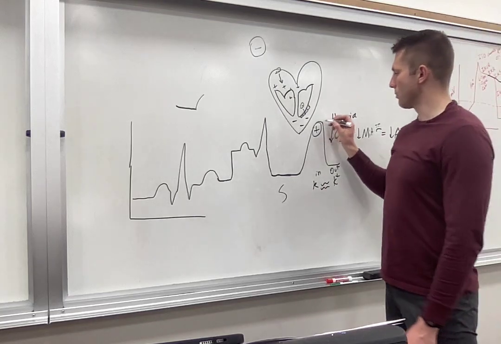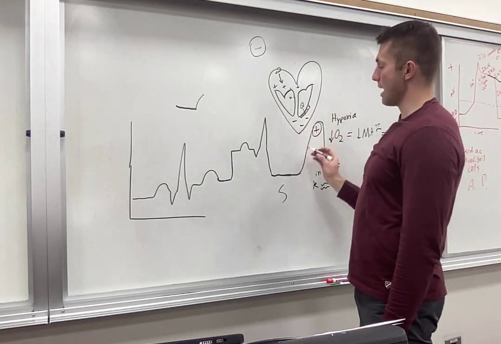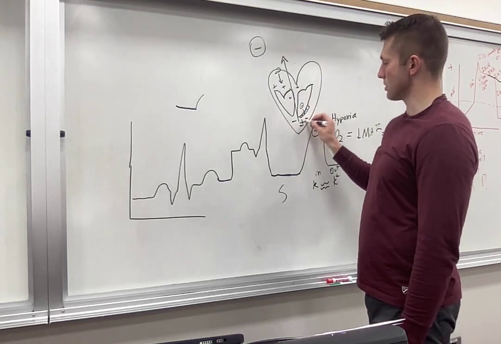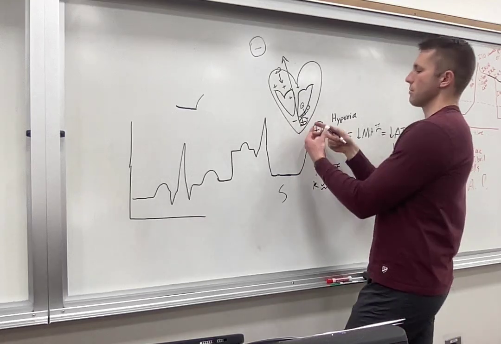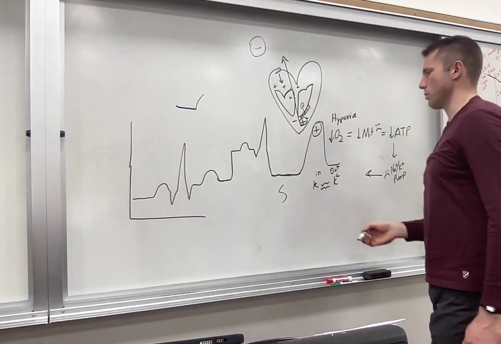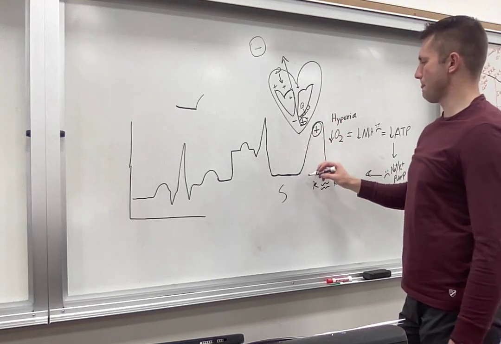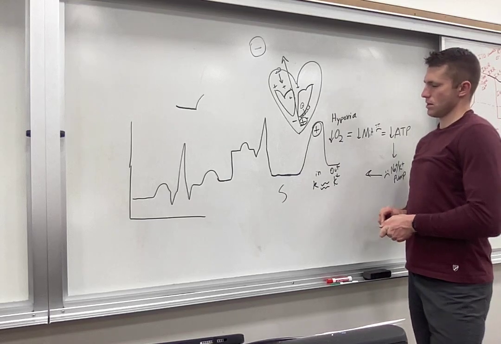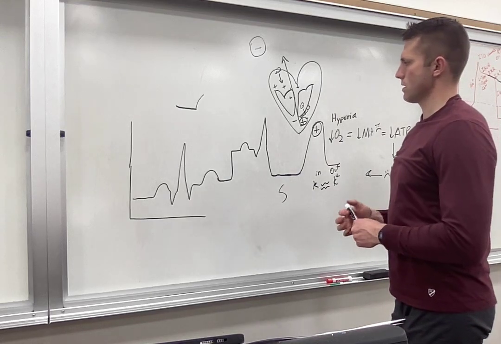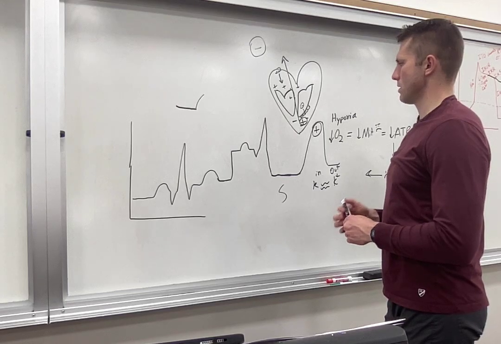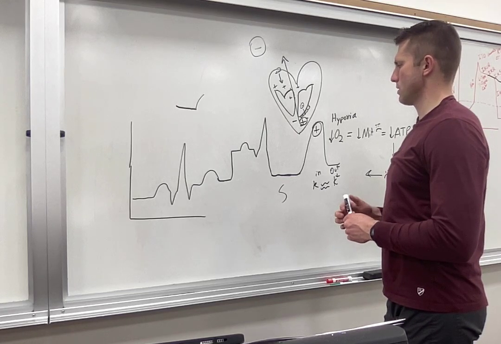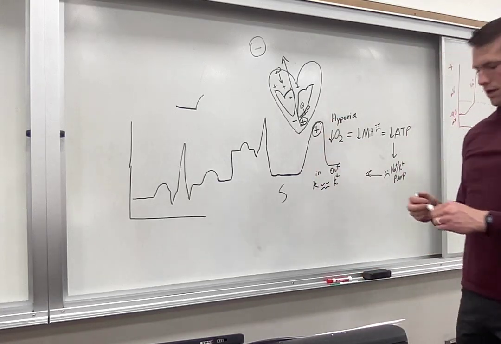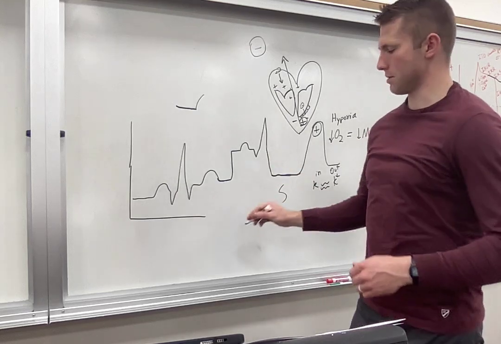And then when we go from positive to negative, we have a higher T wave. This is called ST depression.